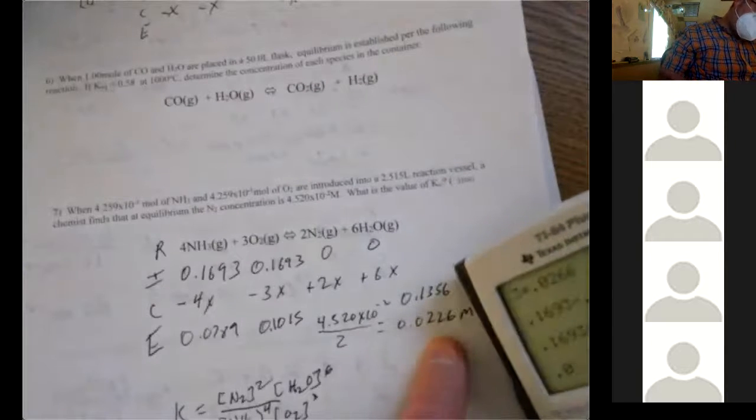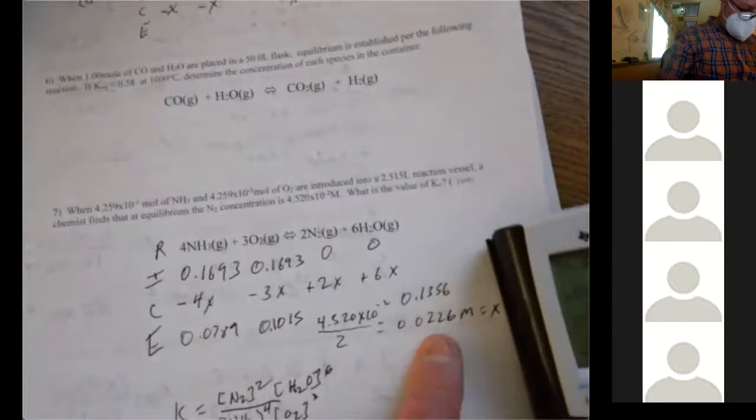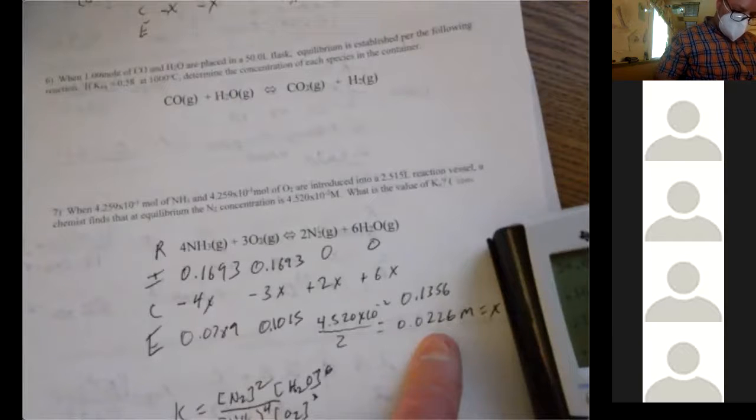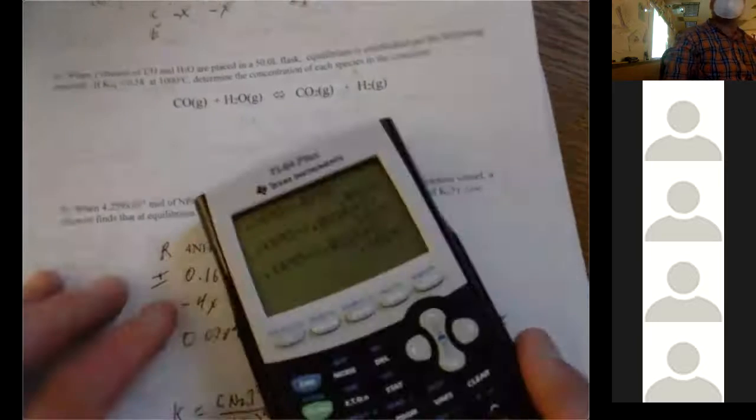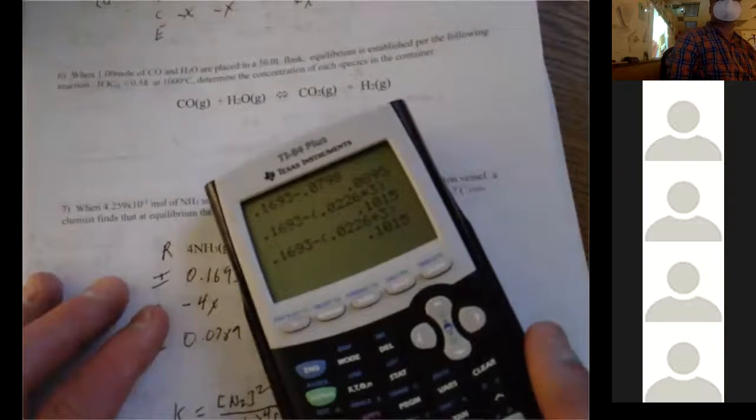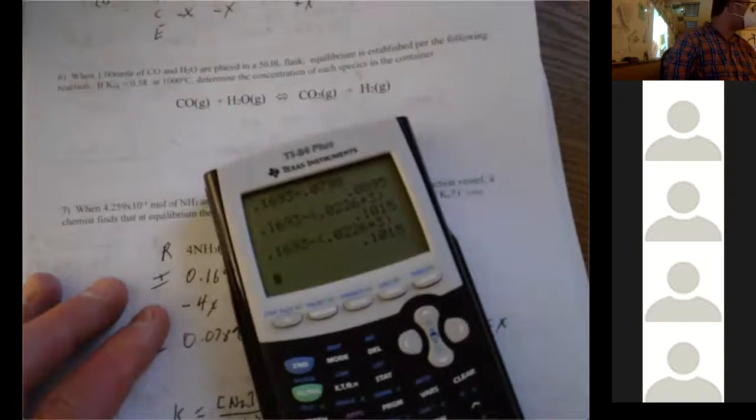So I pressed the wrong button. 0.1693 minus 0.0226 times 3. How come I keep getting the same answer? 0.0226 times 3, right?